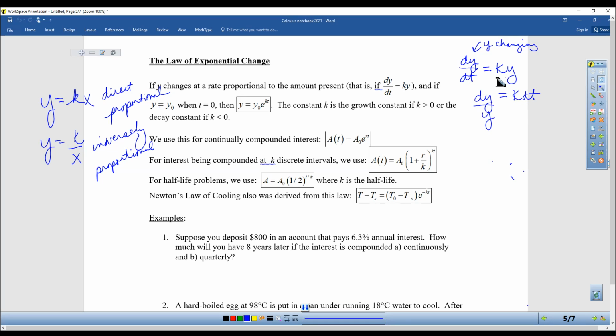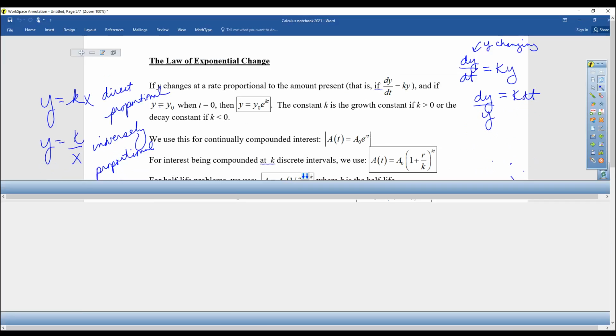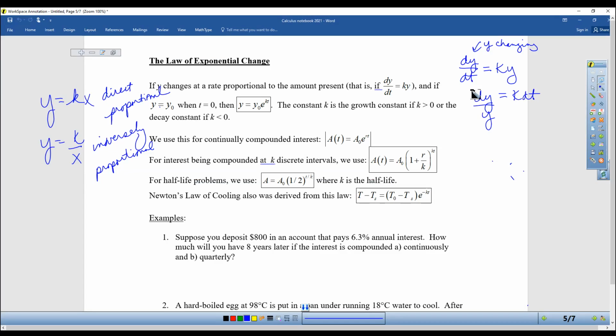So I put the y with the y, and I moved the dt to the other side. Now, I'm going to integrate both sides. This side becomes natural log of the absolute value of y, and this side becomes kt. Remember, k is just a constant, t is the variable, plus c.